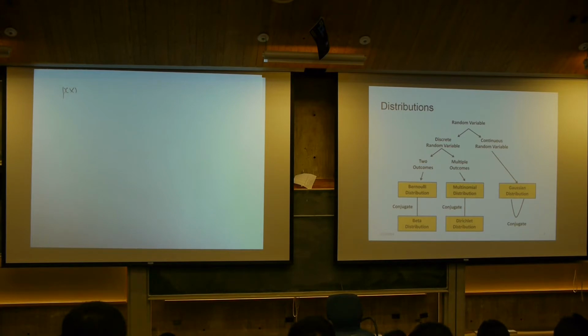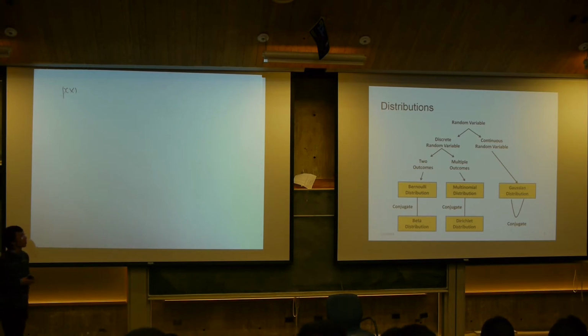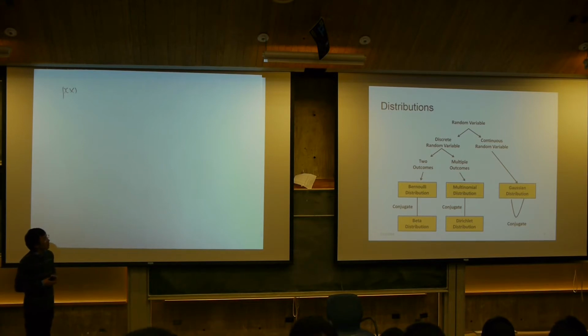So here is a general picture of the distributions we are going to talk about. So given a random variable, according to whether its domain is discrete or continuous, we can partition them into 2 parts. For the discrete random variables, there are usually 2 cases.